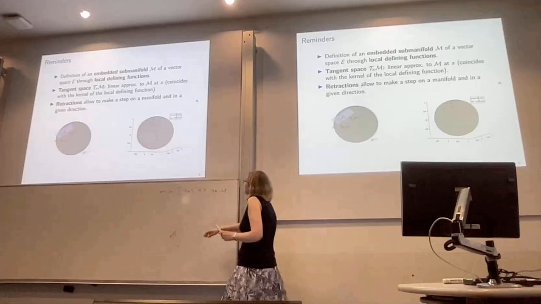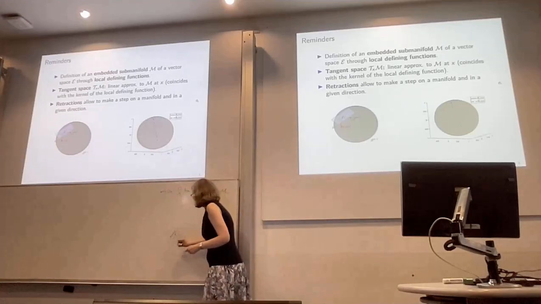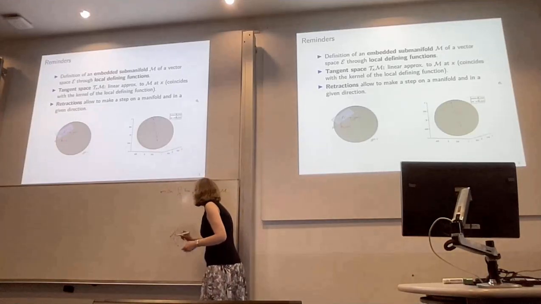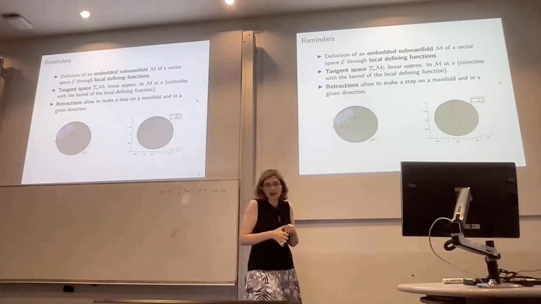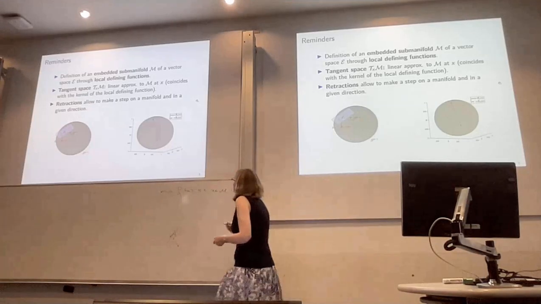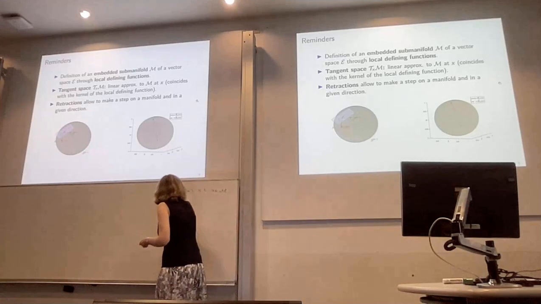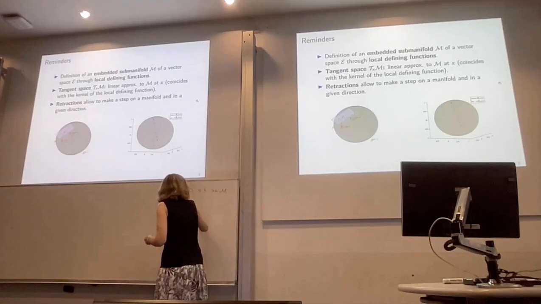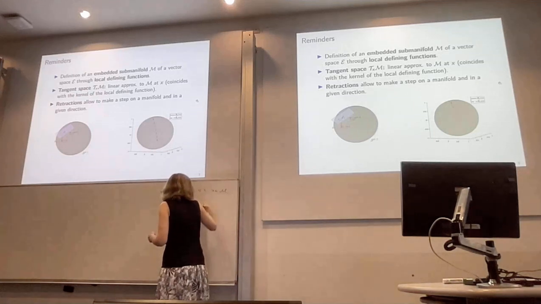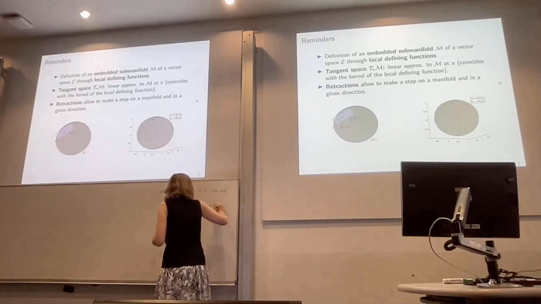And then I have to have this mechanism that takes me back onto the manifold, this retraction. So I will have a retraction at any point x, and this retraction will take me from the tangent space into the manifold.